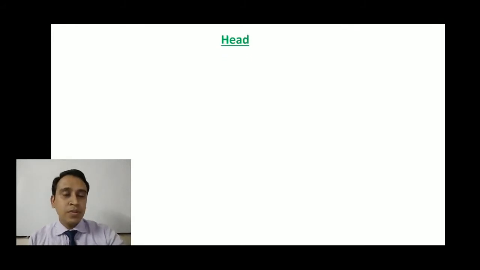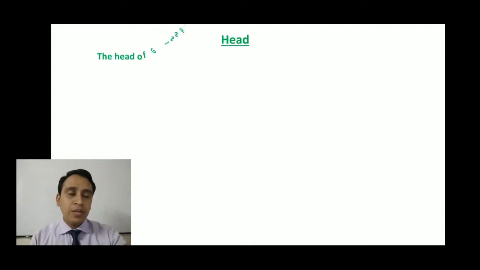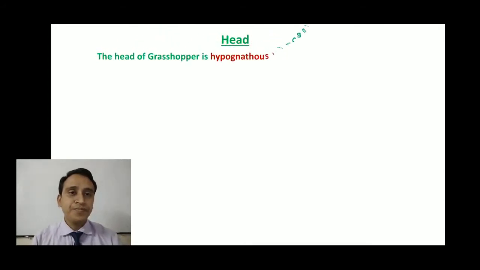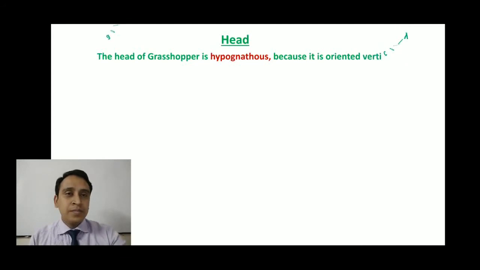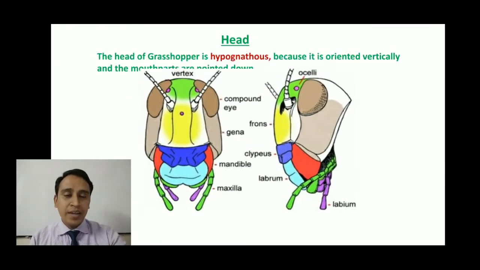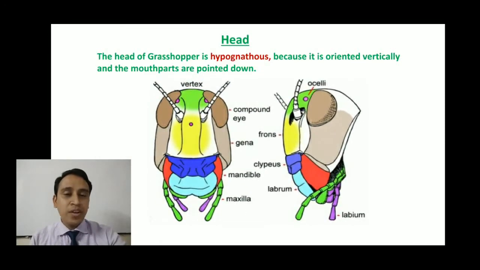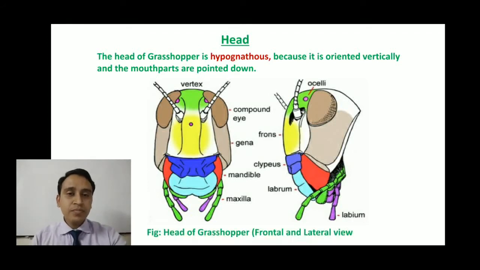Now, the structure of head. The head of grasshopper is hypognathous because it is oriented vertically and the mouth parts are pointed down. So that's why it is called hypognathous head. The head of grasshopper is composed of 6 embryonic parts, and the exoskeleton of head is called the head capsule.